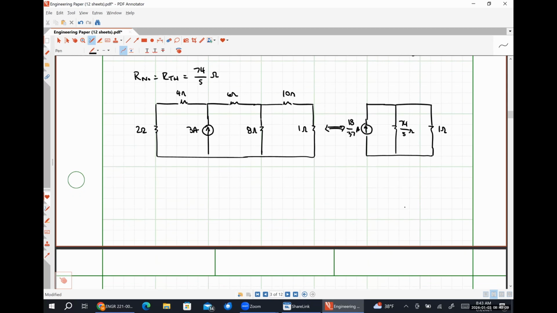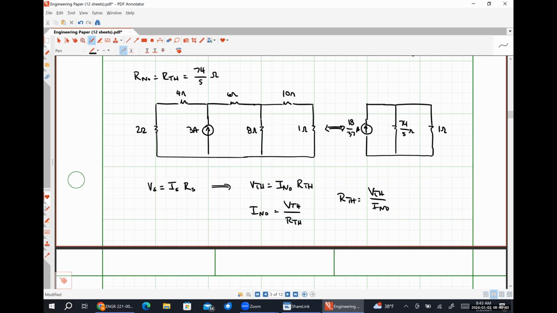So we know from source transformation that Vs should be equal to Is times Rs. So this should extend to say that V Thevenin should be equal to I Norton times R Thevenin, or I Norton would be V Thevenin divided by R Thevenin, or R Thevenin would be equal to V Thevenin over I Norton.